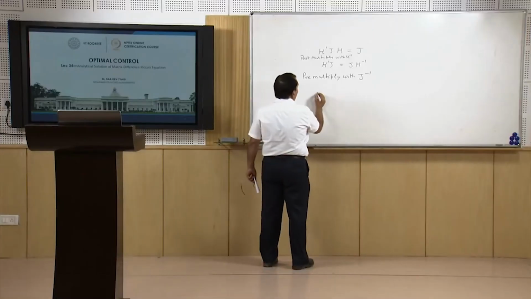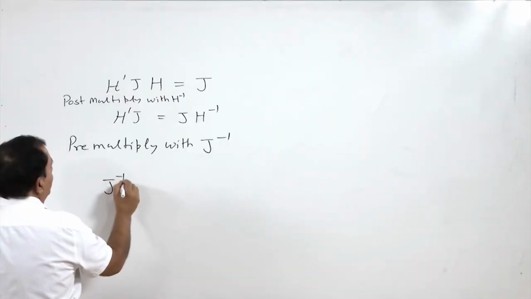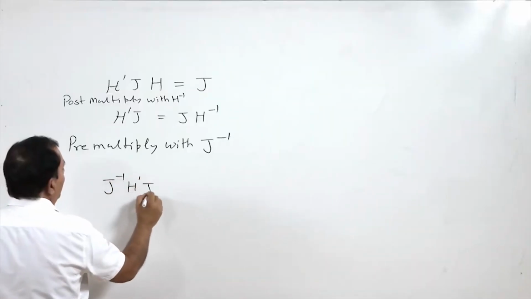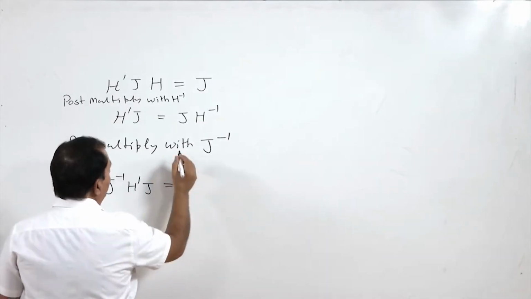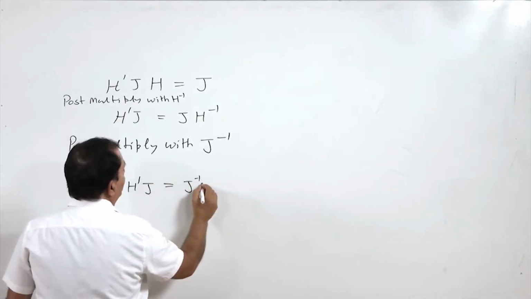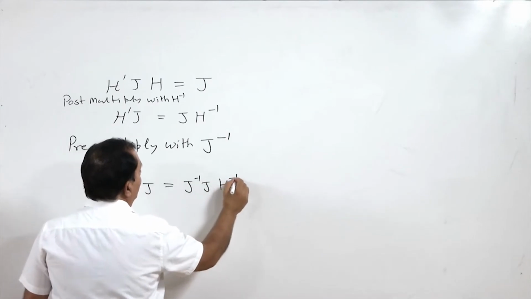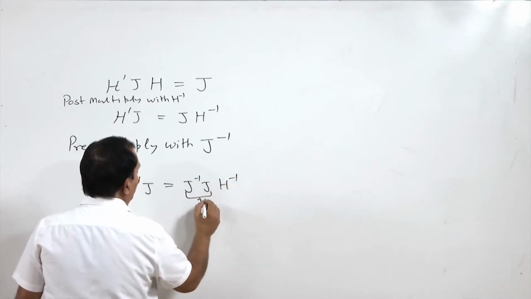So, what will we get? J inverse H transpose J as J inverse J H inverse. This is nothing but my identity I.